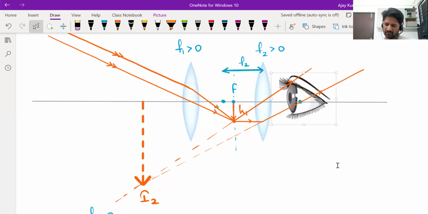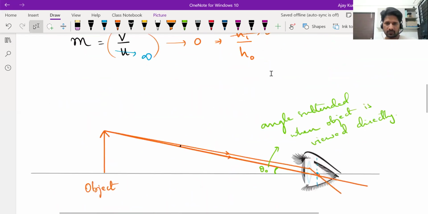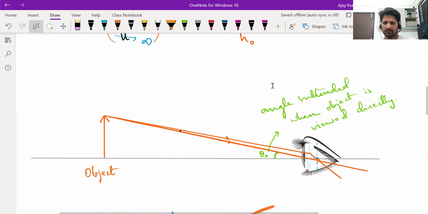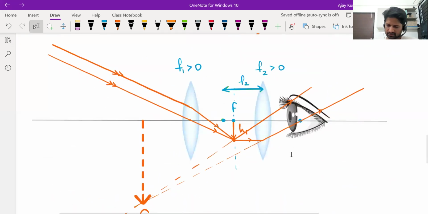But see, how did we achieve magnification here? When you look at the object directly, it subtends a very small angle on your eye because the object is far away. Whether it's an aeroplane or a building or a person, it's a small angle, theta naught. It subtends the same angle on the first lens also. So you can visualize that angle here, theta naught.